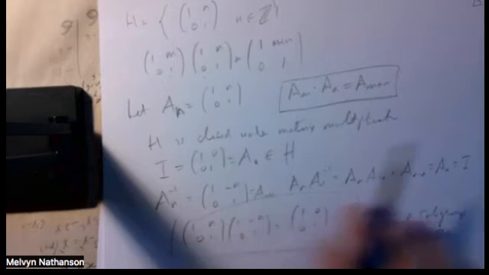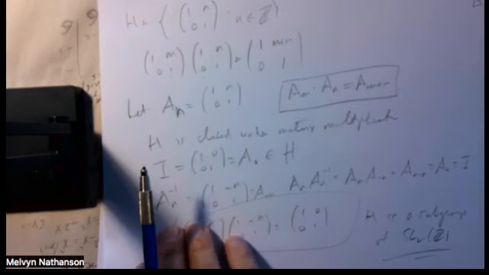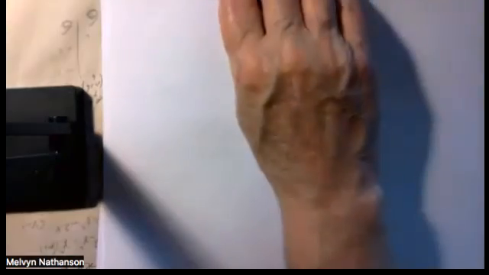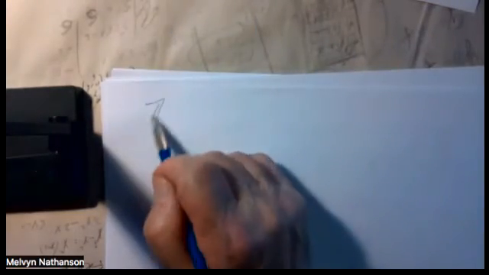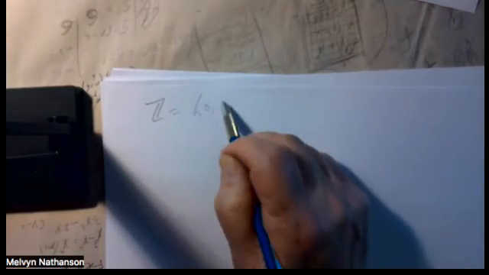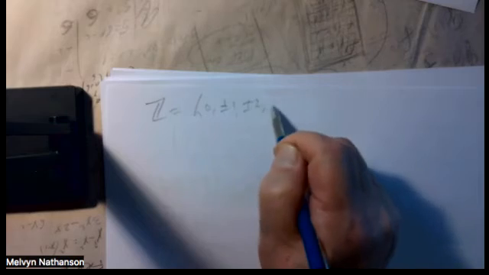And in fact, we can say the following. So we have Z, which is 0, plus or minus 1, plus or minus 2, and so forth. This is the additive group of integers.